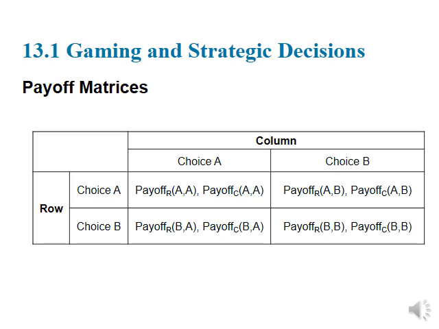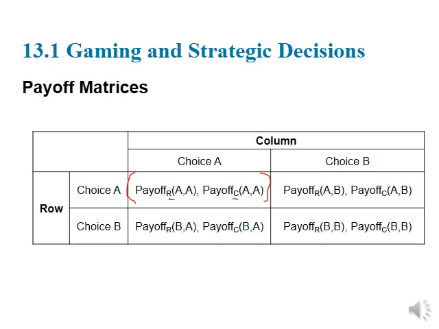The key thing here is that your payoff, let's say you're the row player, depends not only on your choice, but also the choice of the column player. And so in each cell of this matrix, we have payoffs listed. The convention is that the row player is listed first, the column player is listed second.